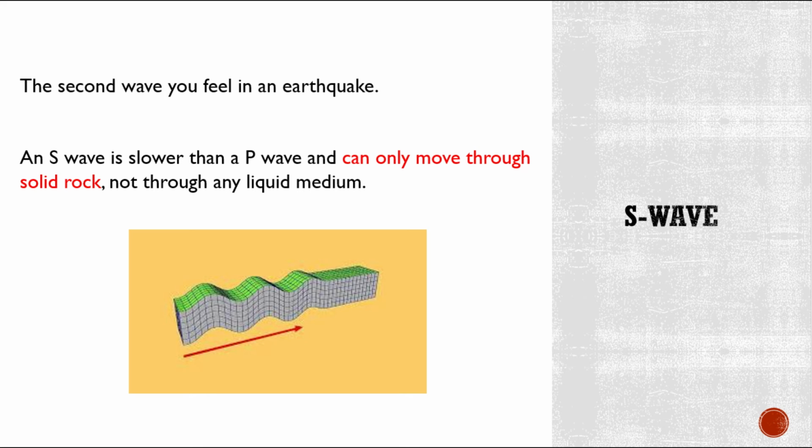So because of this property of S wave, seismologists have concluded that the Earth's outer core is a liquid. They thought, since S wave cannot travel in this particular area, it must be composed of liquid medium. Because we cannot detect the second wave here.